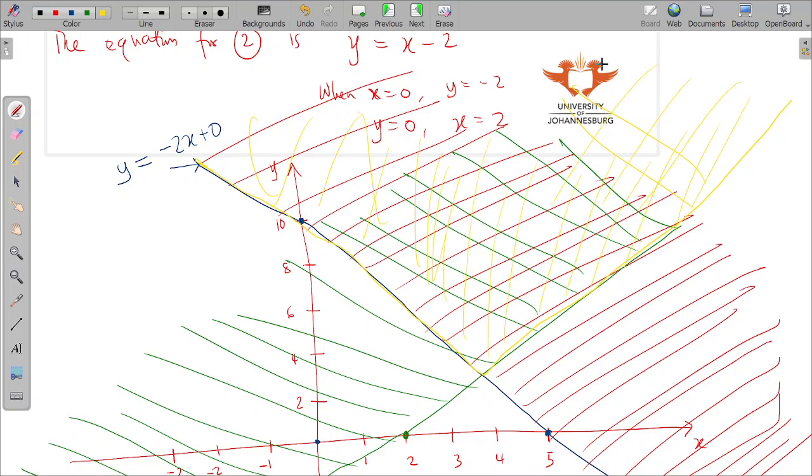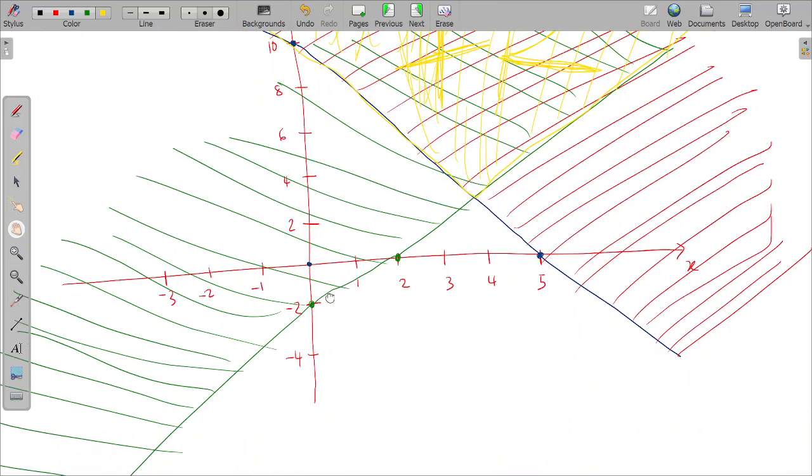So I'm now using yellow again for that region. You can call it our visible region. All right.